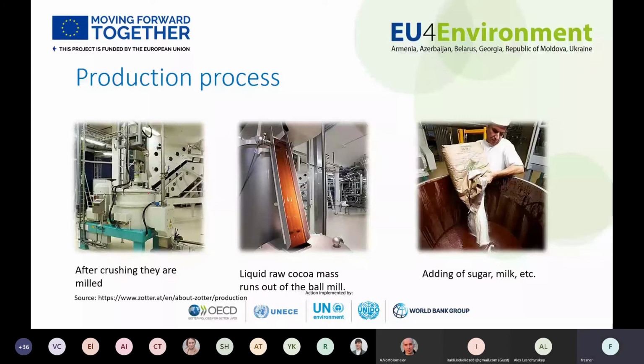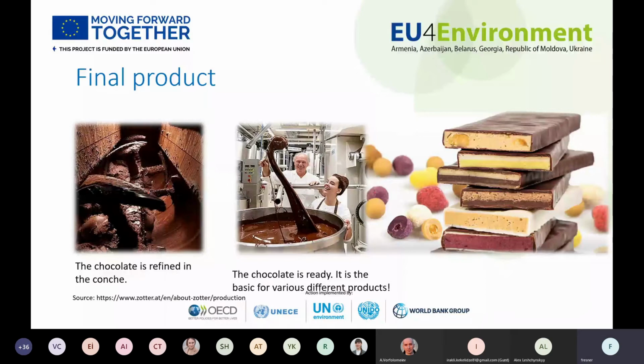Then there is this process which is called conching, which is basically moving around the mass for a while in dedicated machines. And when the chocolate is ready, and quality control looks like you see in the central picture here, when the texture, when the color, when the smell is right, then it's spread out on tables, because the actual manufacturing of the chocolate bar is done manually.